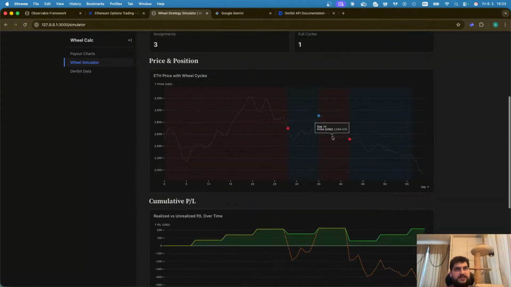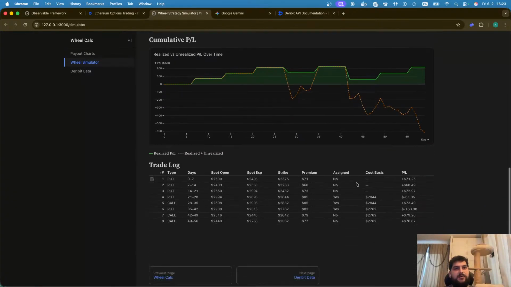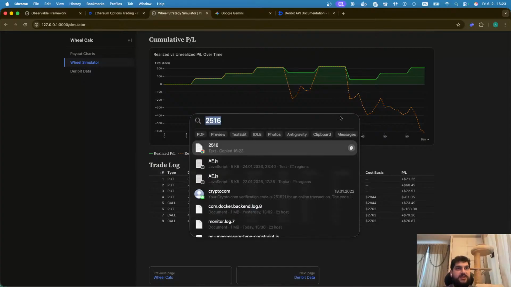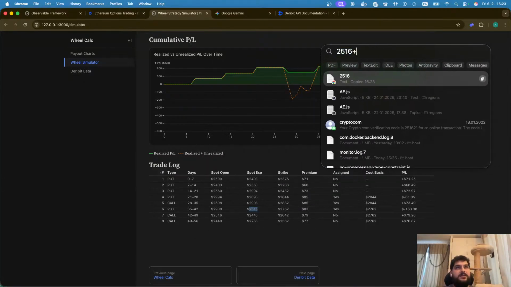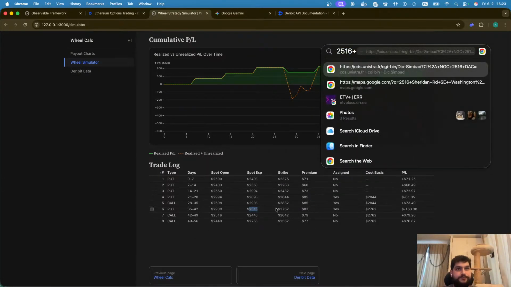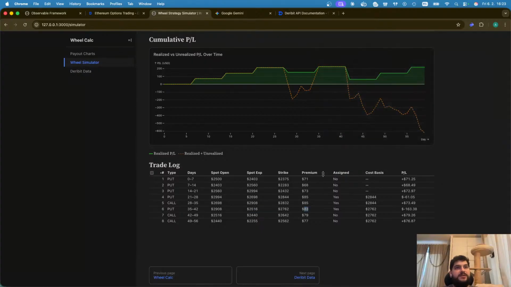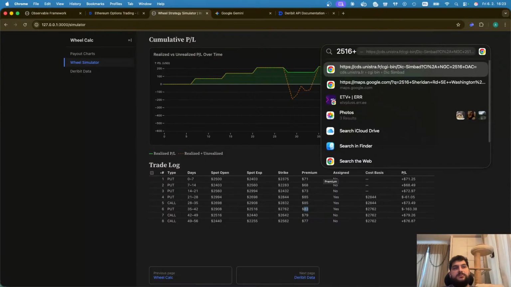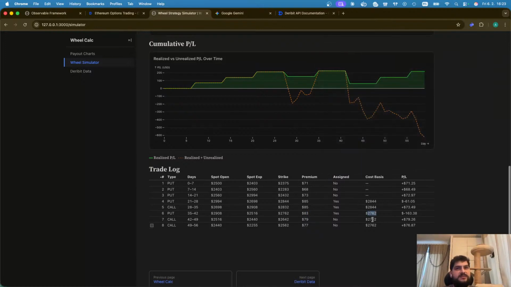Yes, yes. Okay, so at the end of this period, we assigned again, and our price is actually the price at expiration plus the premium we've got for it, or minus. Wait. 2,007.